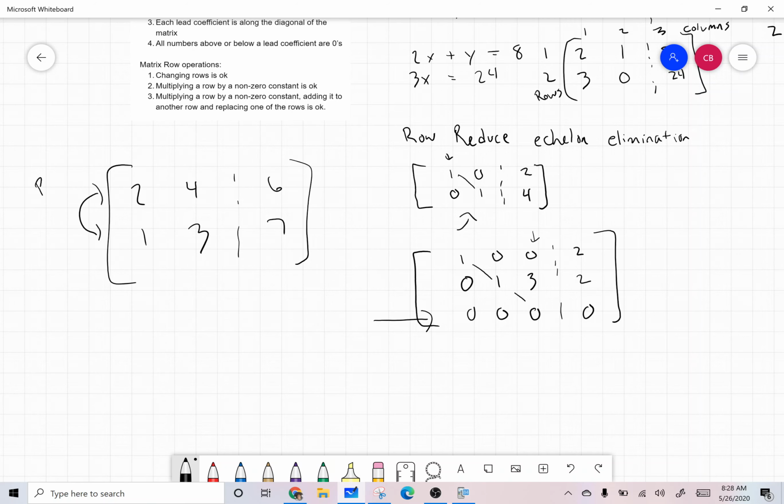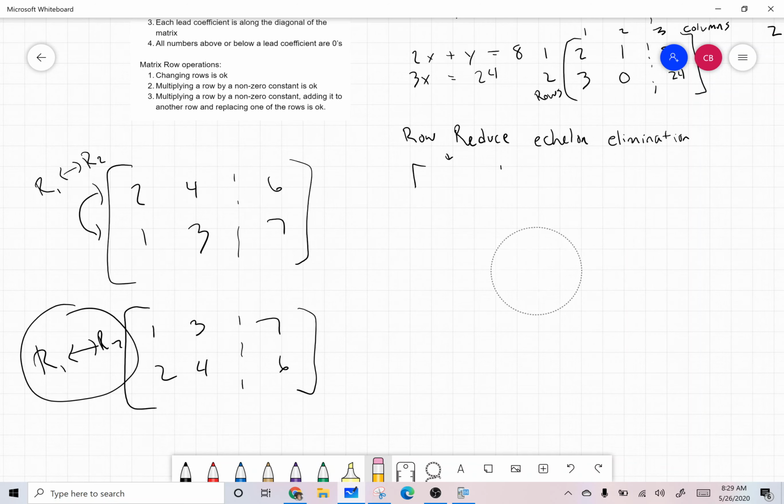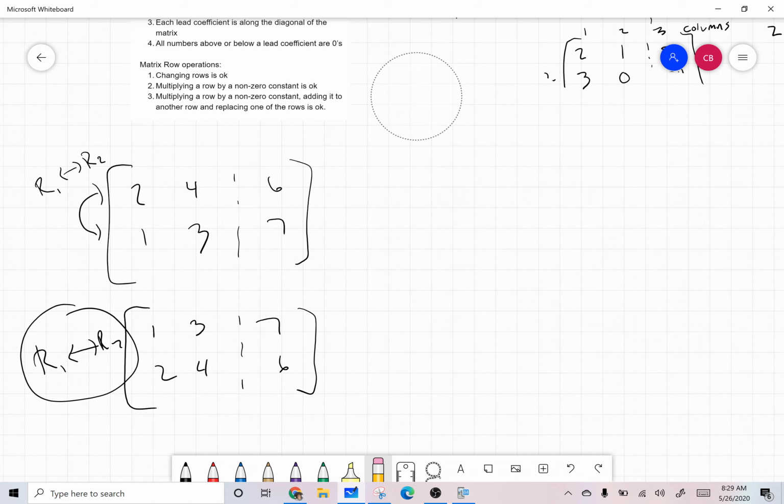So we can do row 1 switched with row 2. So what does that look like? 1, 3, 7 and 2, 4, 6. So this would be row 1 swapped with row 2. It is important you familiarize yourself with this notation because it helps you keep track of the things you're doing while you're completing your process.